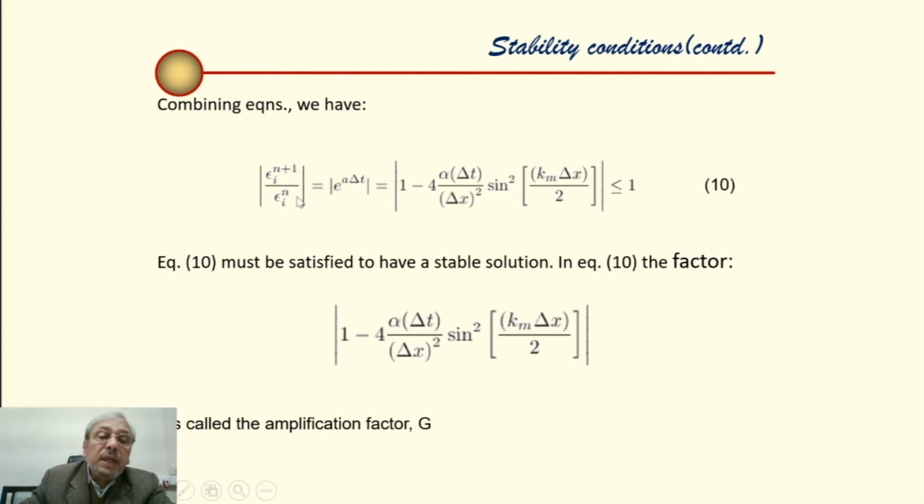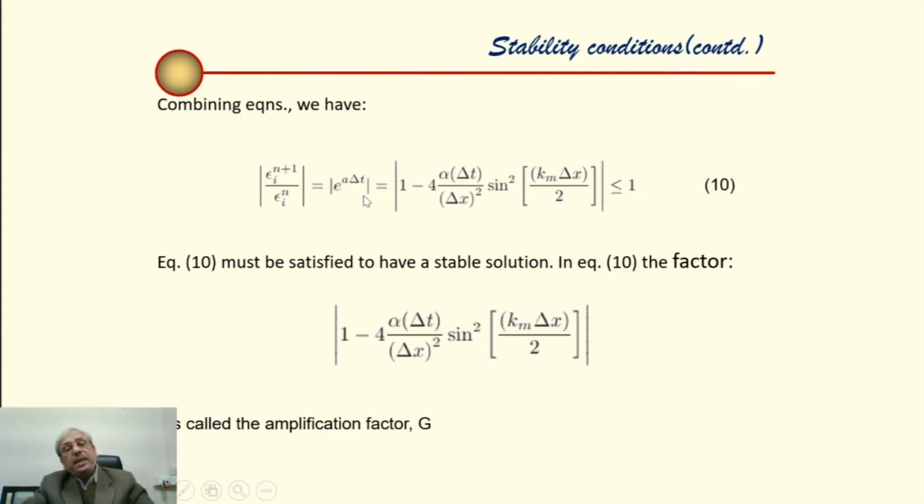Then we can write modulus of epsilon at ith point at n plus 1th level divided by epsilon at ith point at nth level, which is basically the ratio of errors. If we express that, e to the power a delta t modulus of that is then mod of 1 minus 4 alpha delta t by delta x square sine square km delta x by 2, less than equal to, and as we have already mentioned, between 2 time steps the error must decrease.